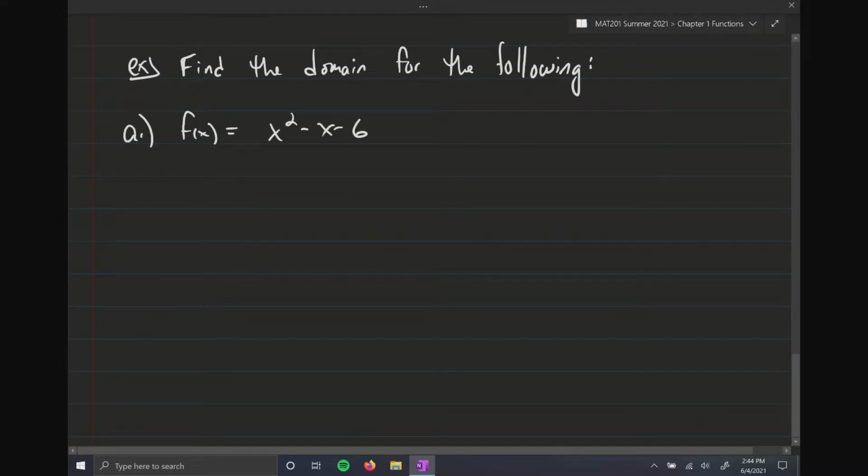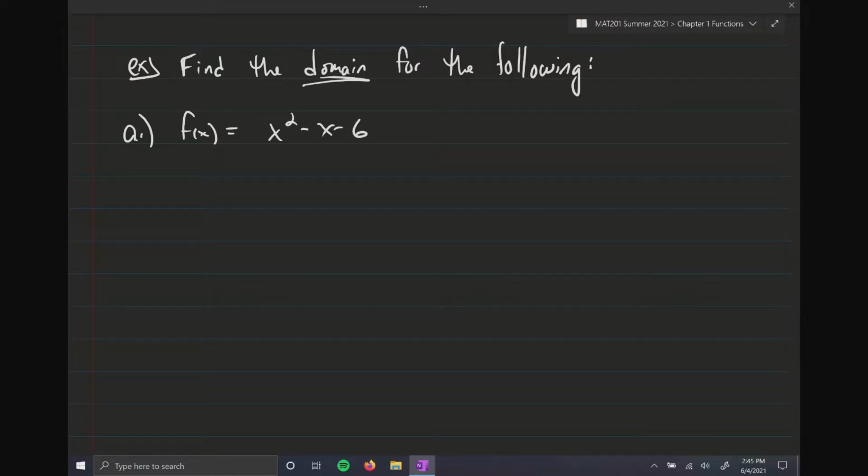I'm going to do a couple of them, all right? When we're just finding a domain, I'm not too concerned with the range right now. I'm really concerned with domain. Because if you're going to buy this expensive calculator that can only do one function, you better make sure that the numbers you put in work, so you're getting outputs that you can write down. So the easiest way for me to go about this is to give you a technique.